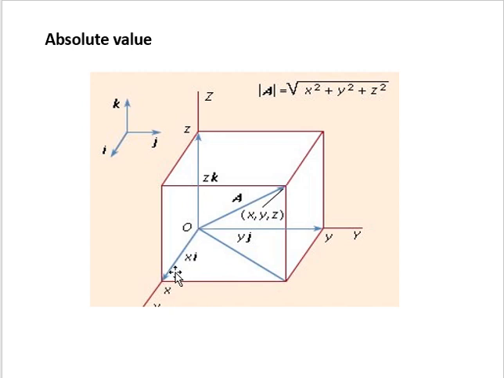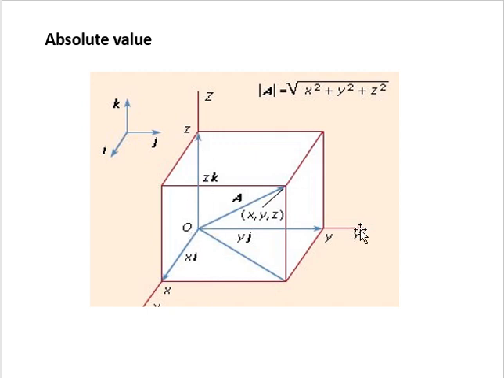In the z direction, the unit vector is k, so moving z units is z times k.